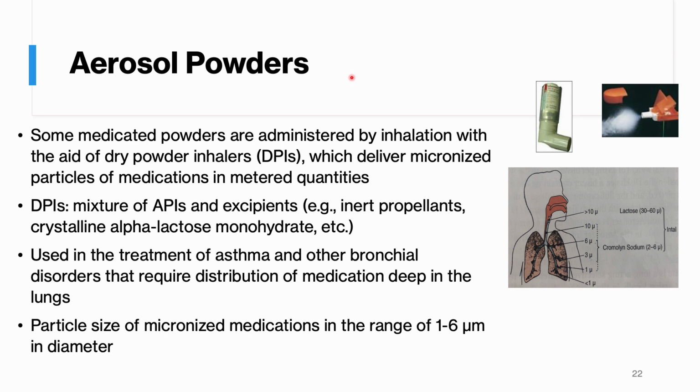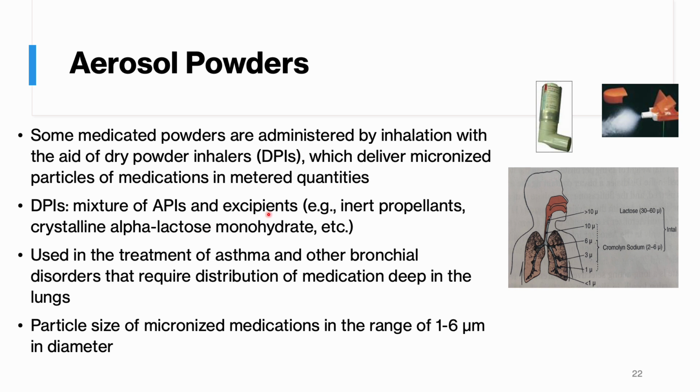Another application for medicated powders is aerosol powders. Some medicated powders are administered by inhalation with the aid of dry powder inhalers, or DPIs. DPI is a dry powder inhaler. The DPIs can deliver micronized particles of medications in smaller quantities. In general, the DPIs are composed of a mixture of active pharmaceutical ingredients or drug and excipients.